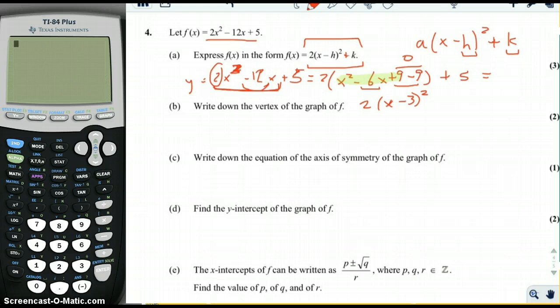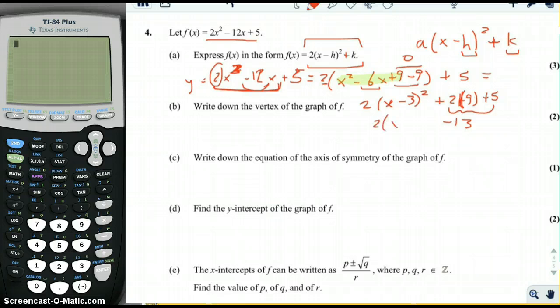Now the negative 9 we can't forget, we have to leave that. So we have plus 2 times negative 9. Remember the 2 here is going to be distributed with the minus 9 also. And then we have the plus 5 here. So now we have 2 times (x minus 3) squared, and then this part that's a constant. So we have minus 9 times 2, which is negative 18, plus 5, which is negative 13.